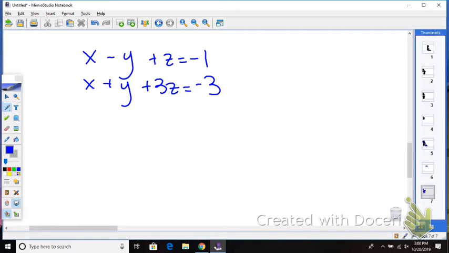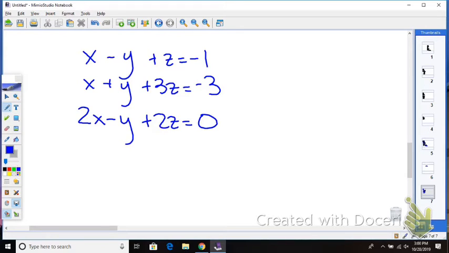And 2x minus y plus 2z equals 0. Let me make sure this is right. x minus y plus z equals -1. x plus y plus 3z equals -3. And 2x minus y plus 2z equals 0. That's what I have. Okay.